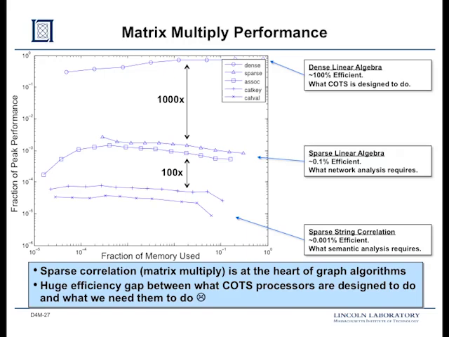Unfortunately, that hardware architecture and everything we do for dense matrix multiply is the opposite of what we would do if we built a computer for doing sparse matrix multiply. And that's why, when we go from dense matrix multiply to sparse matrix multiply, we have this 1000x drop in performance, okay? And this is not getting better with time. This is getting worse with time.